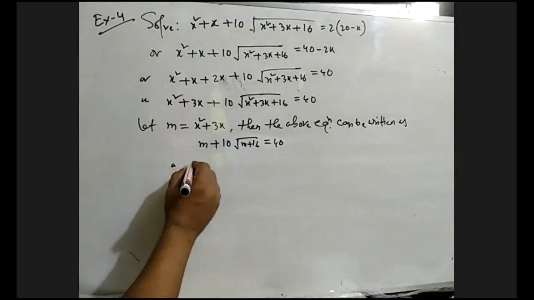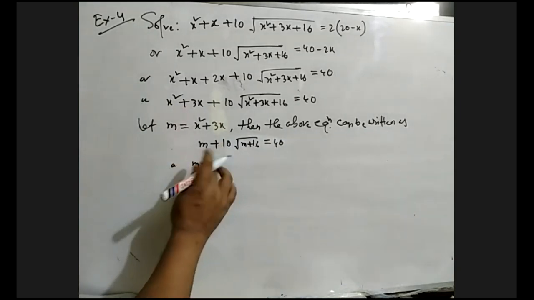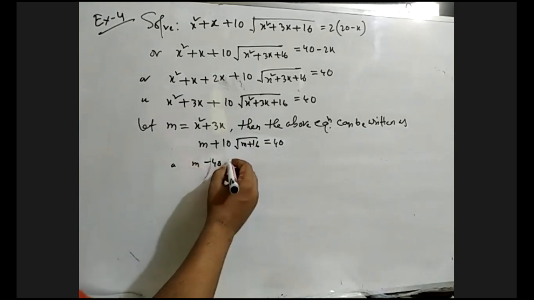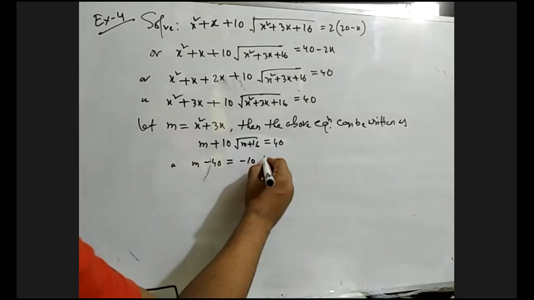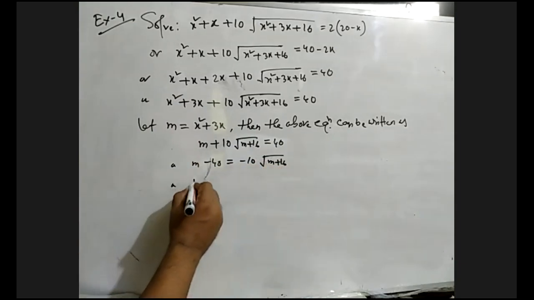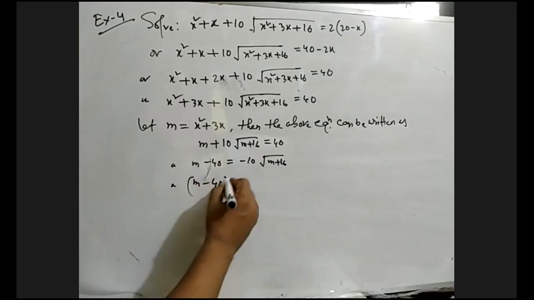Or m minus 40 equals minus 10 root over m plus 16. Now squaring on both sides.